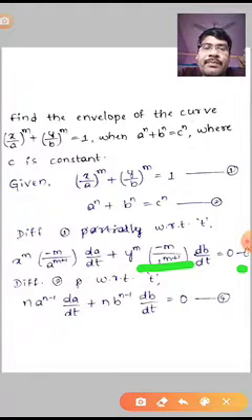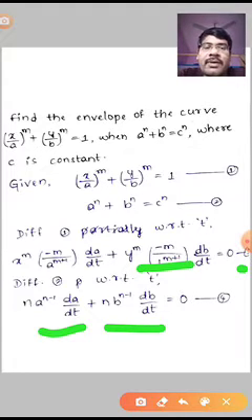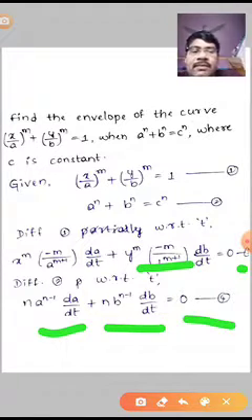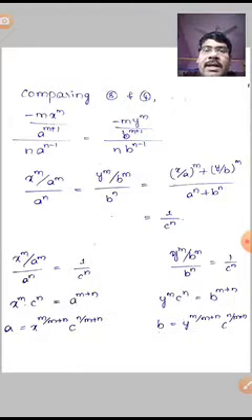Differentiate 2 partially with respect to t: n into a power n minus 1 dA by dt plus n into b power n minus 1 dB by dt is equal to 0, equation 4. Here comparing equations 3 and 4: minus m x power m by a power m plus 1 by n a power n minus 1 is equal to minus m y power m by b power m plus 1 by n into b power n minus 1.